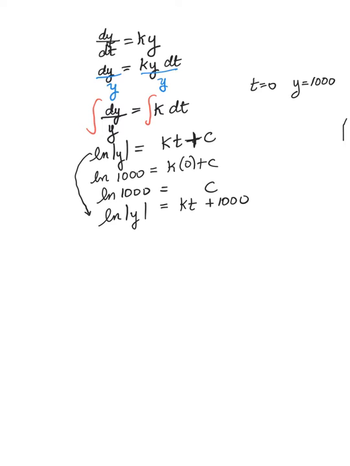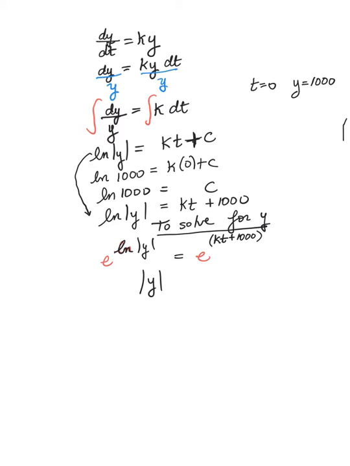Now, to solve for y, well, to clear ln, we raise each side to a base of e. So we put base e on each side. The e and ln, when they're composed, cancel.